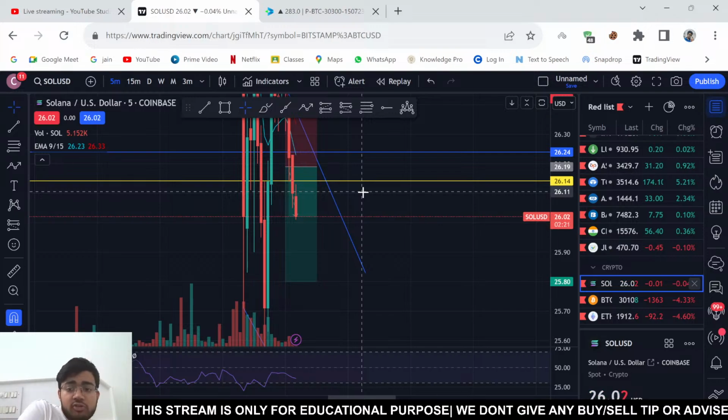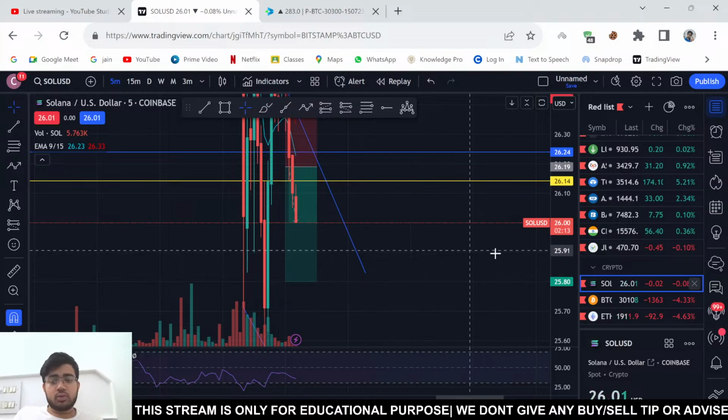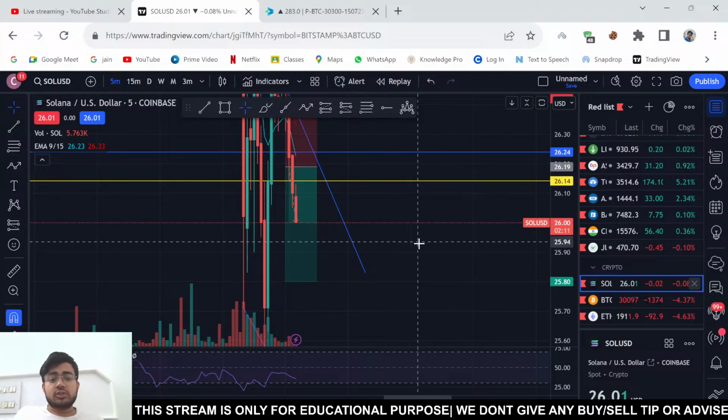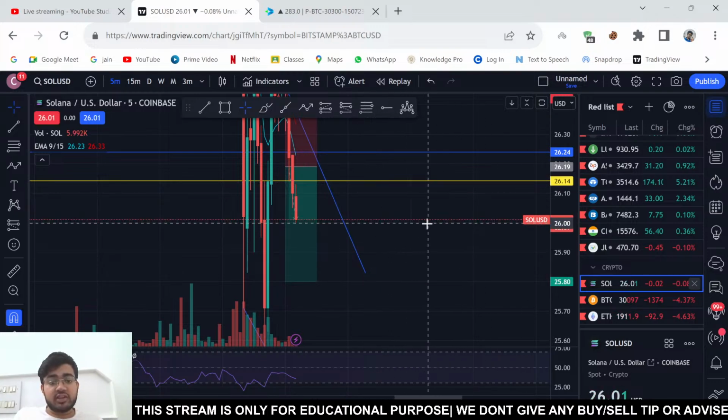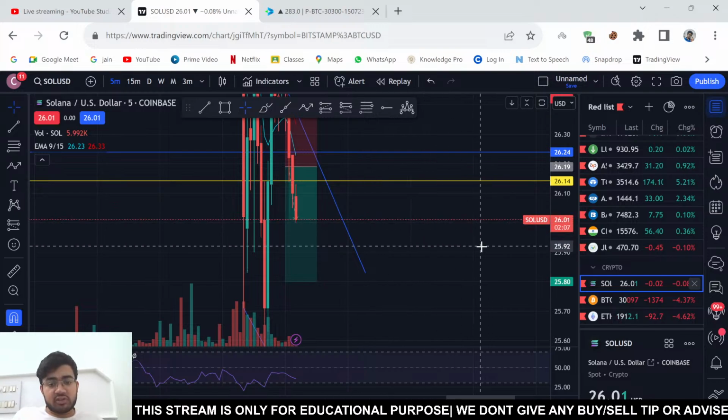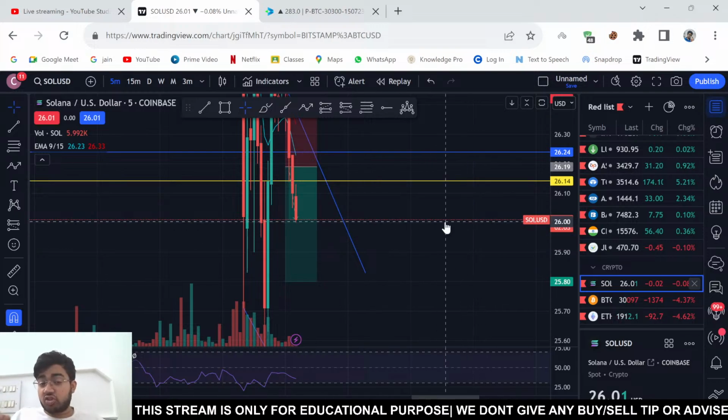Once this candle closes, we're going to move our trailing stop loss once again in order to stay profitable. And I think right now, if you're a very safe trader, you should exit your position. For the extremely safe, risk averse people who are just trading with me right now, exit your positions.